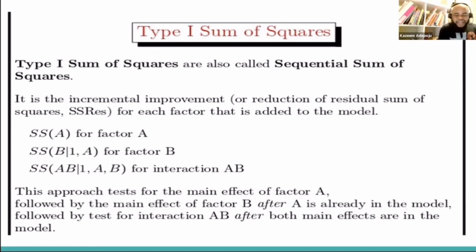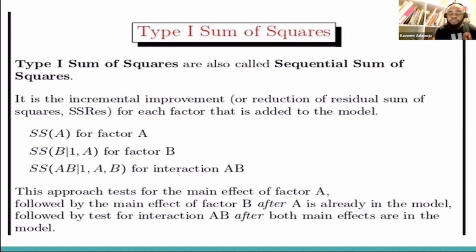When you are working with balanced data, the type 1 sum of squares is going to be the same as type 2 and type 3. They're all going to have the same result. But if you're talking about unbalanced data, they will not be the same. The appropriate type you can use for balanced data is type 1, which is the one we've been using in class.